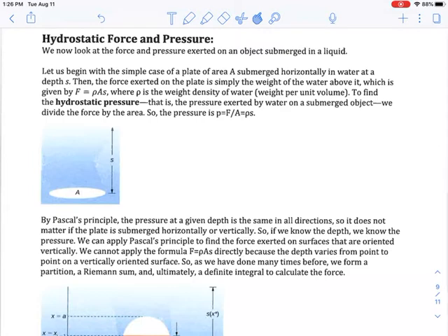Hydrostatic force is defined as density times the cross-sectional area times the depth. We're using S for the depth now, rather than D for distance, where S is the depth from the surface.